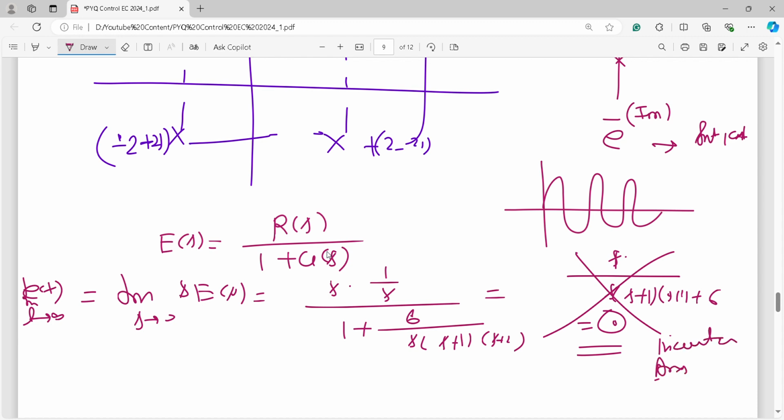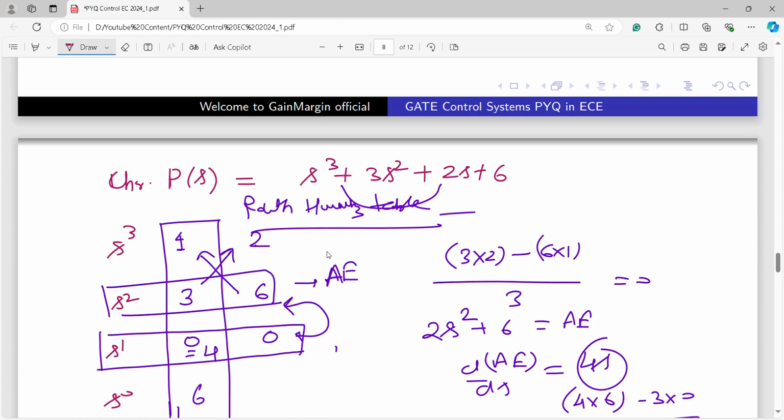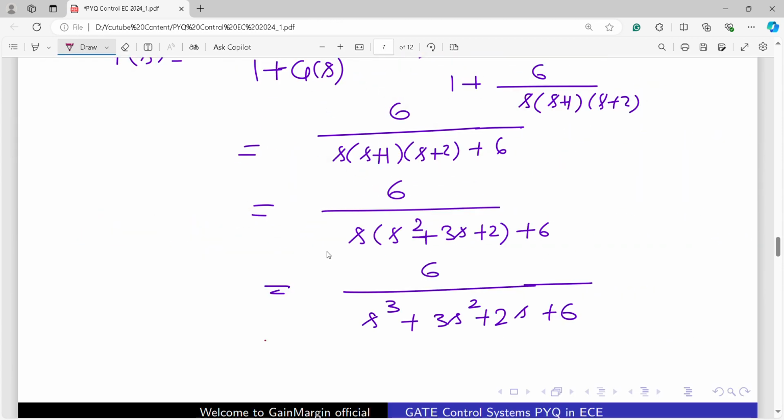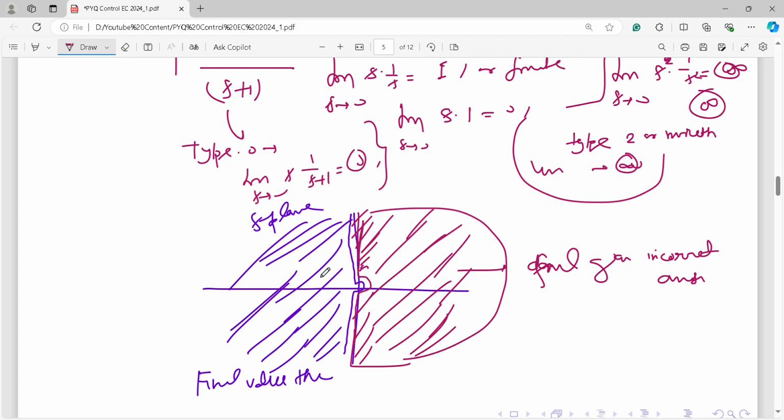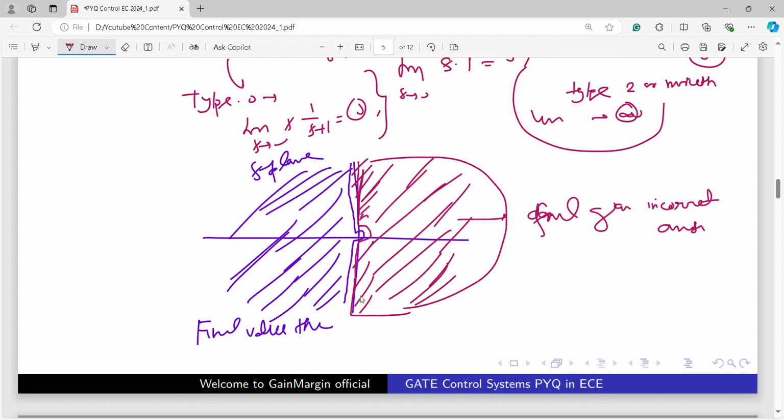So in case of the final value theorem, we should ensure that the given system is stable or not. If a pole lies on the origin, this is fine, there is no problem. But in this red region we cannot apply the final value theorem because it gives an incorrect answer.